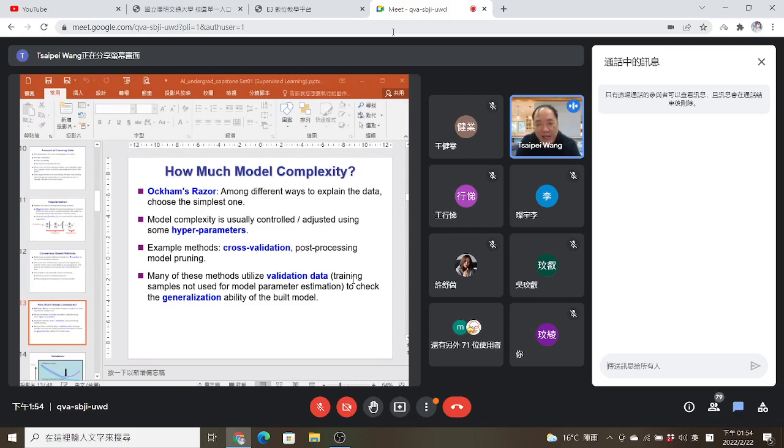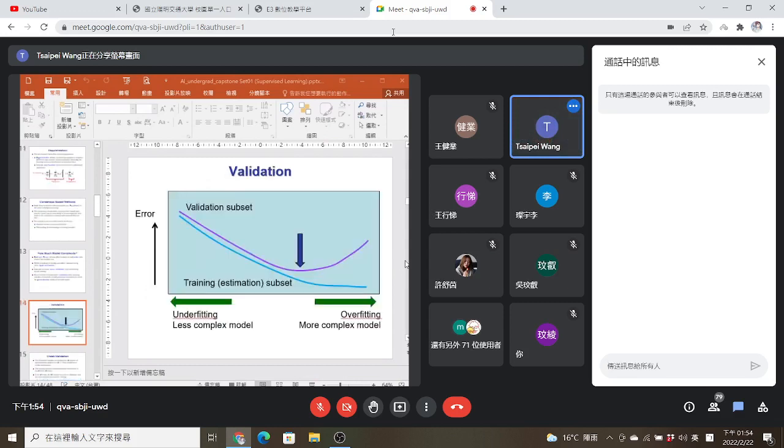You keep it aside to estimate how well the trained model can generalize to new data. So it is used to validate the training process. Usually it's used in the selection of hyperparameters, but you can also use it to compare different classifiers.